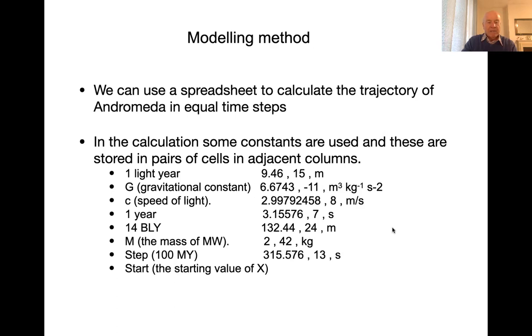And the step size in time I've taken as 100 million years. That might seem like a long time for an incremental step in a model, but you'll see when we come to use it that it is justified. In this case, the value turns out to be 315.576 times 10 to the power 13 seconds.